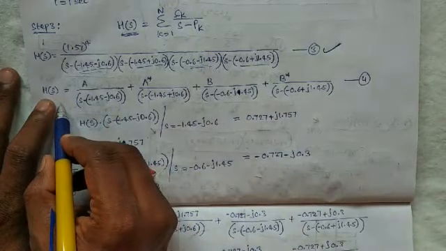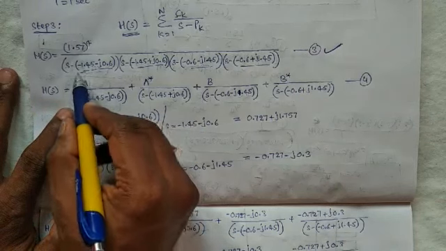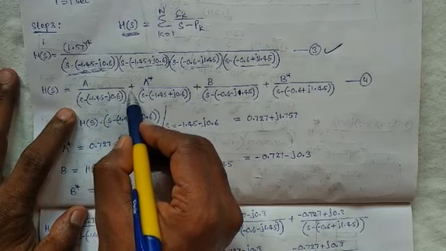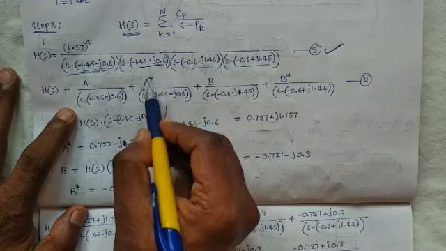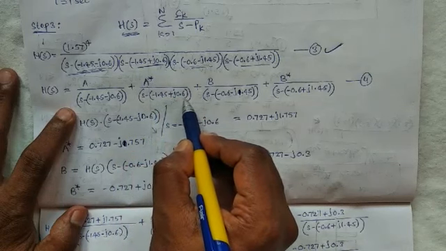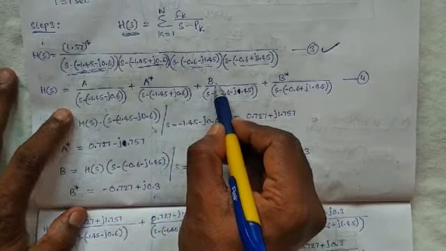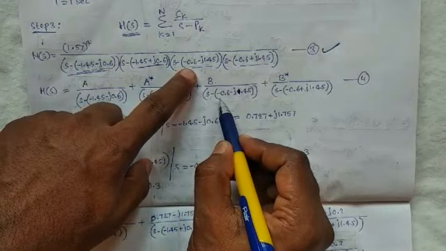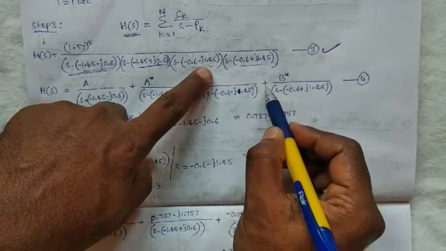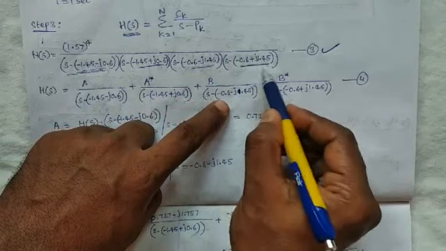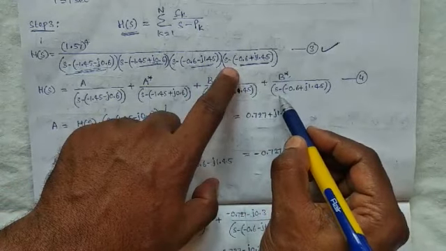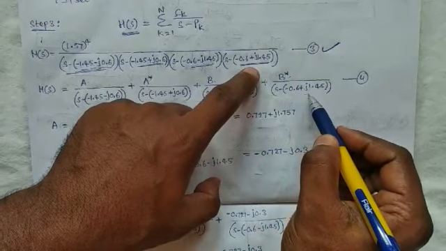H of s is equal to A by (s minus (minus 1.45 minus j 0.6)) plus A conjugate by (s minus (minus 1.45 plus j 0.6)) plus B by (s minus (minus 0.6 minus j 1.45)) plus B conjugate by (s minus (minus 0.6 plus j 1.45)).